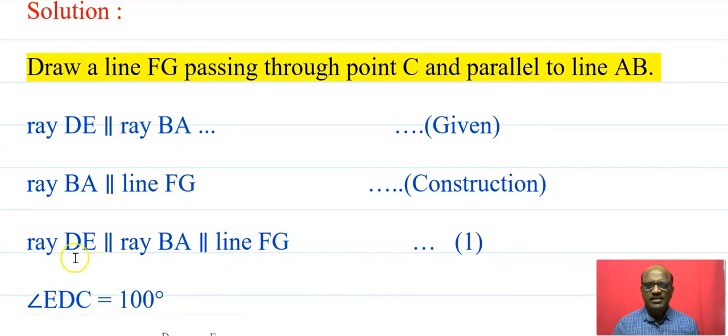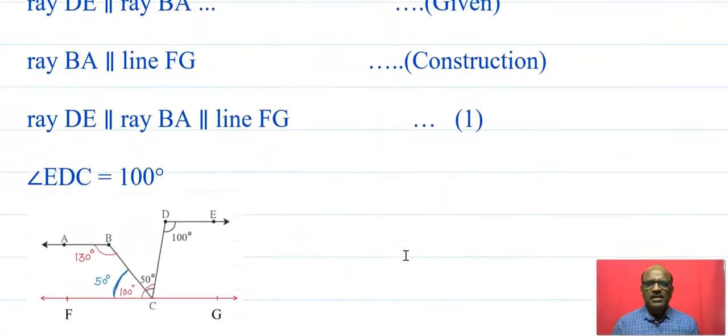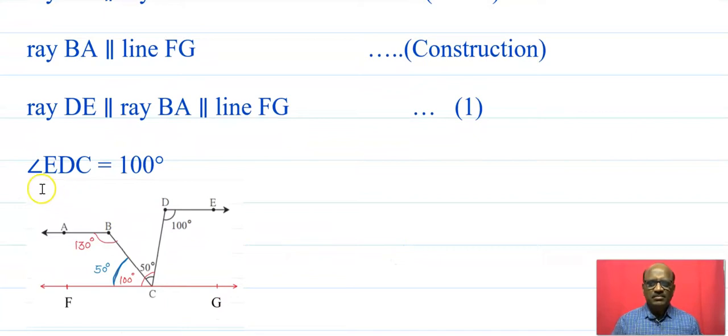That is, ray DE is parallel to ray BA, which is parallel to line FG. Again, see in this figure, ray DE is parallel to ray BA, which is parallel to line FG. Now next, measure of angle EDC is equal to 100.